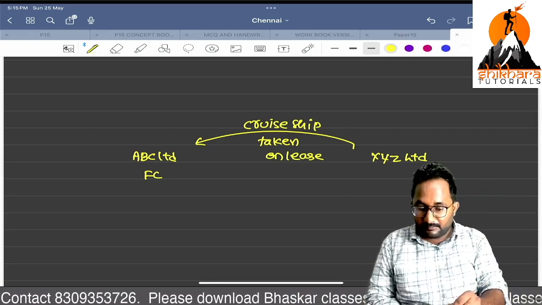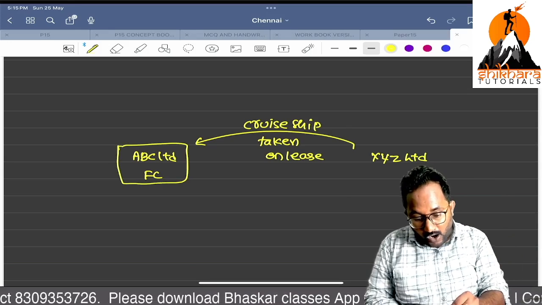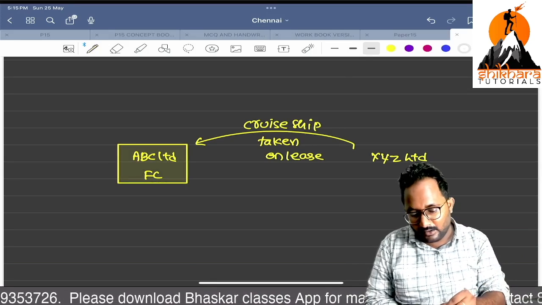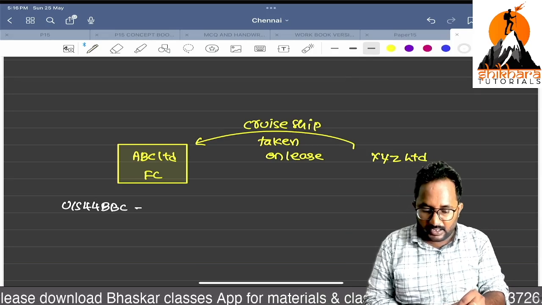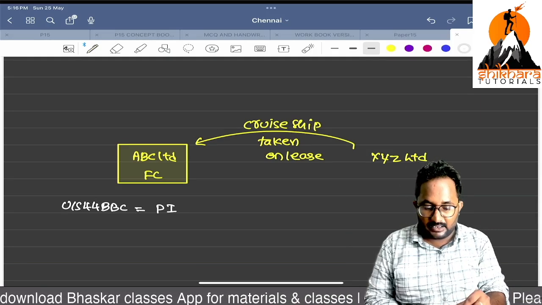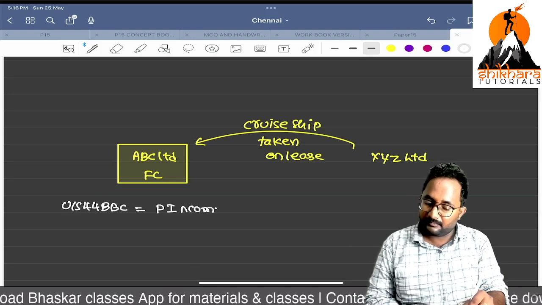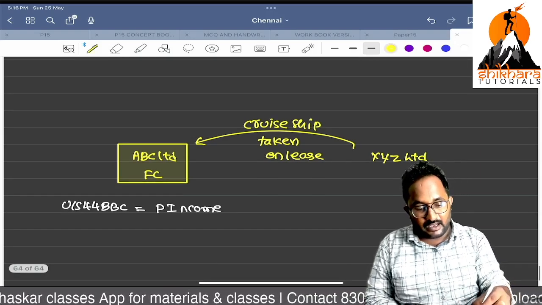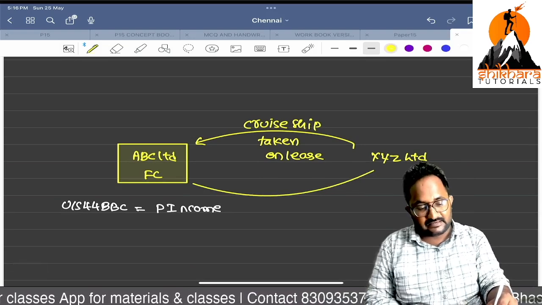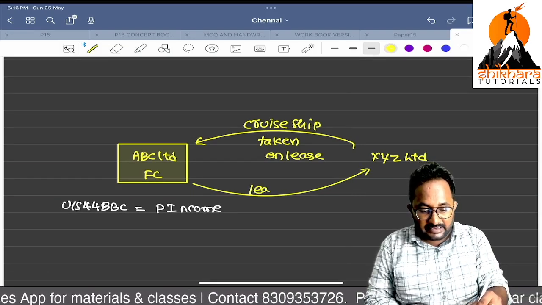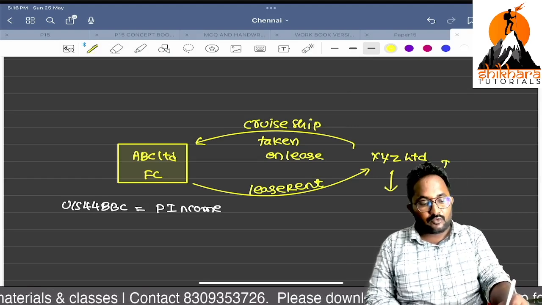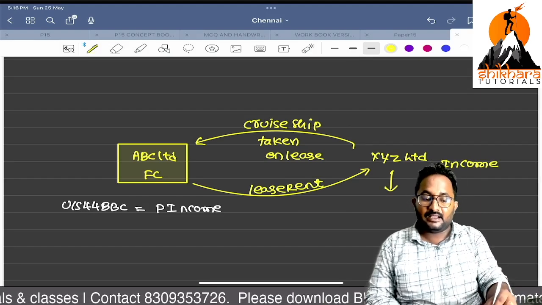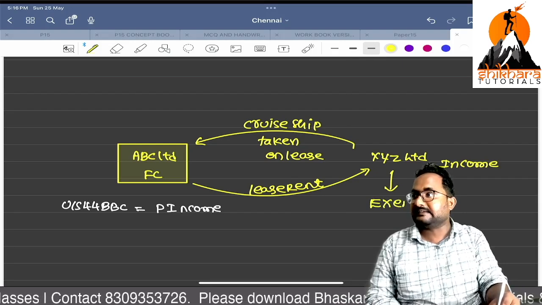But now, how they are declaring the income is based on 44BBC only, they are declaring the presumptive income. Now, sir, we have taken one ship on lease basis. Now we have to pay the lease rent. That lease rent is income for XYZ company, but is that income taxable or exempt?